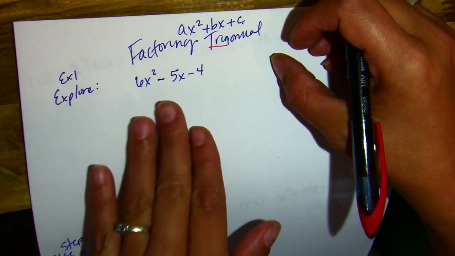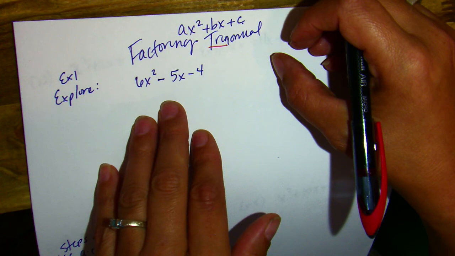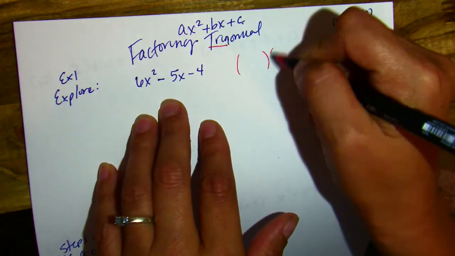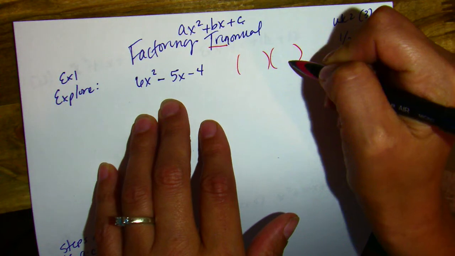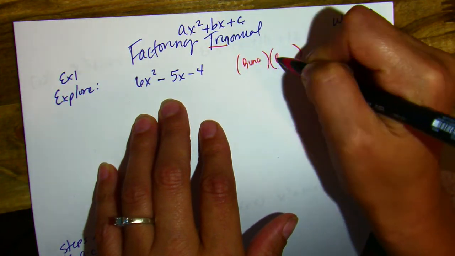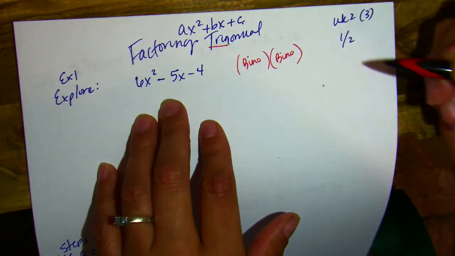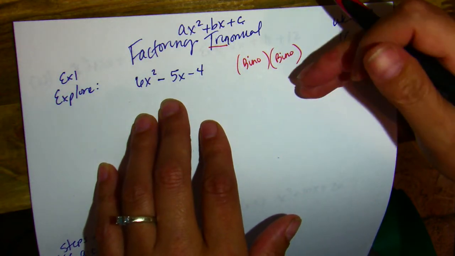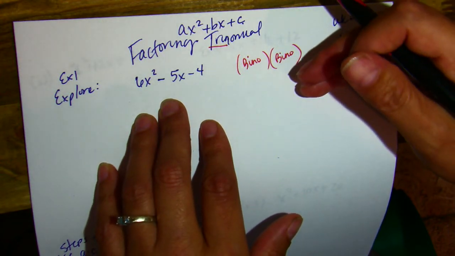So it must have been a binomial times a binomial. Ultimately, that's our goal. We need to find out what binomial times a binomial made this happen.